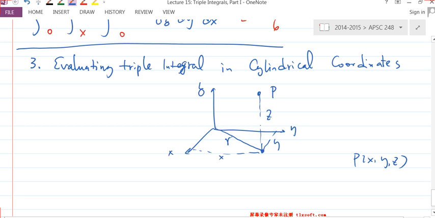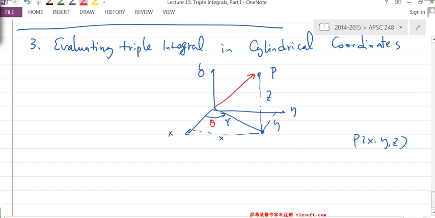And then you draw an angle, always starting from the x-axis to where this projected line is. Essentially, you're projecting this vector OP into the xy plane here. Then you get this, which we define as theta. Theta always starts from the x-axis, positive theta is counterclockwise, and negative theta is clockwise.